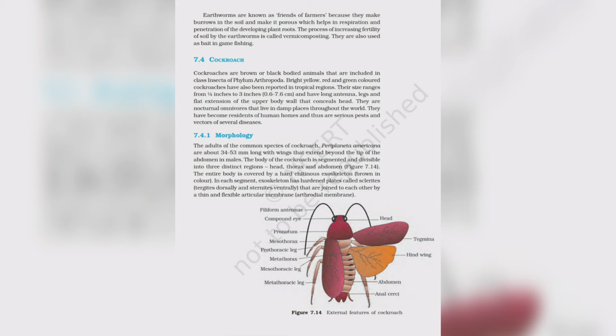The head is triangular in shape and lies anteriorly at right angles to the longitudinal body axis. It is formed by fusion of six segments and shows great mobility in all directions due to a flexible neck. The head capsule bears a pair of compound eyes. A pair of thread-like antennae arises from membranous sockets lying in front of the eyes.